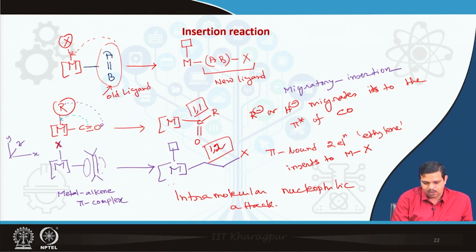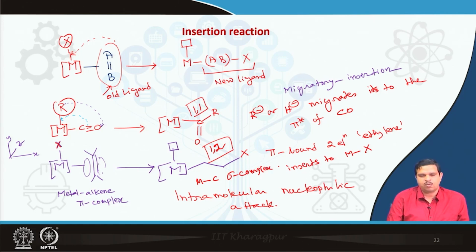So that is why you can regard this as the pi complex and this as the metal carbon sigma complex. So, you are transforming a metal pi complex to the sigma complex by doing the insertion reactions. The complex nature is totally different, in one case pi complex and in one case sigma complex, and you are basically forming an alkyl from ethylene here.